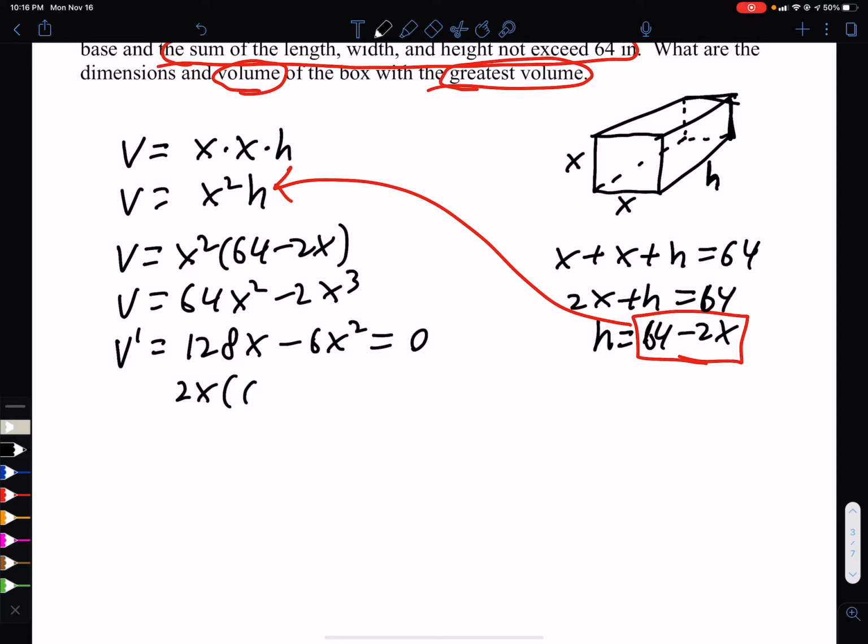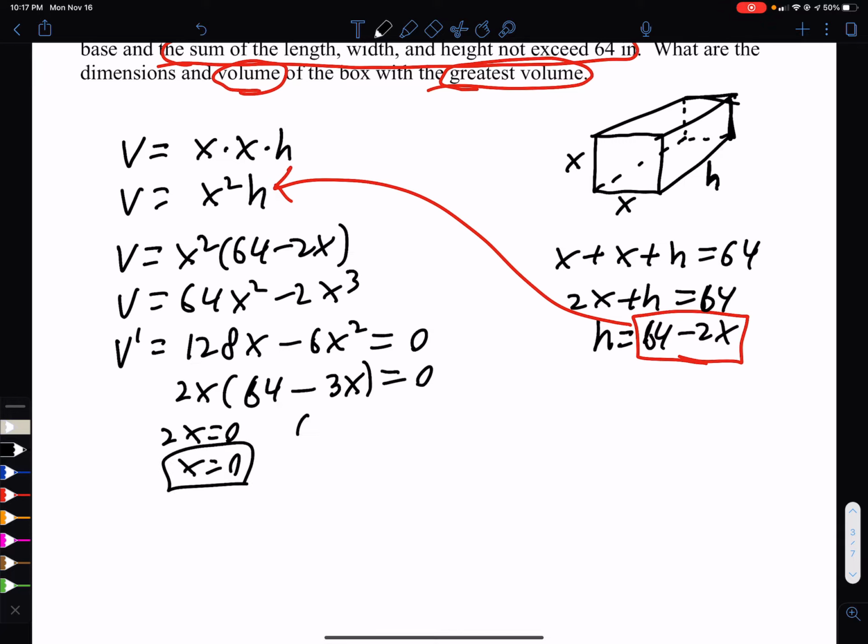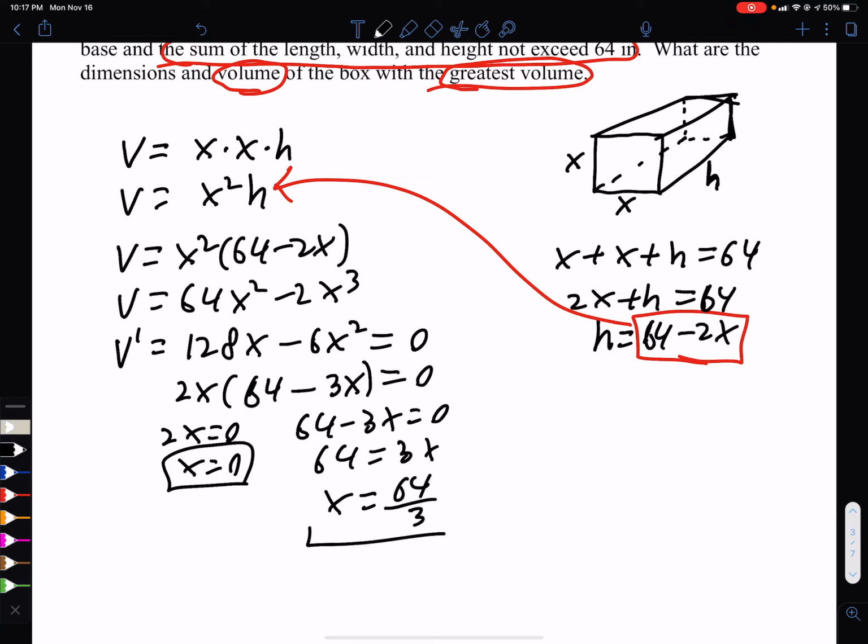So I'll be left with 64 minus 3x. Set each of these equal to 0. I get x equal to 0, and I do this one also, and x equals 64 over 3. So those are my two critical points.